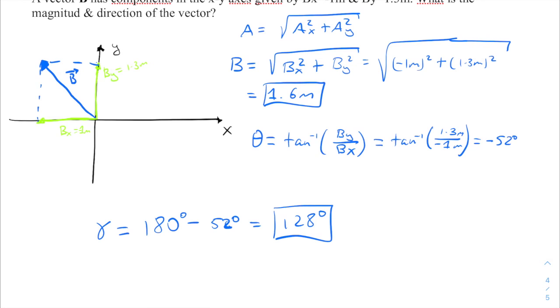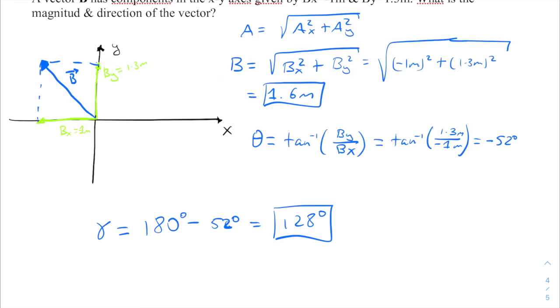Now the next step is to use the components that we're given and find the magnitude of this vector b. So we're going to use the equation that we derived before, which says that a is equal to the square root of the x component squared plus the y component squared, but use it for vector b.